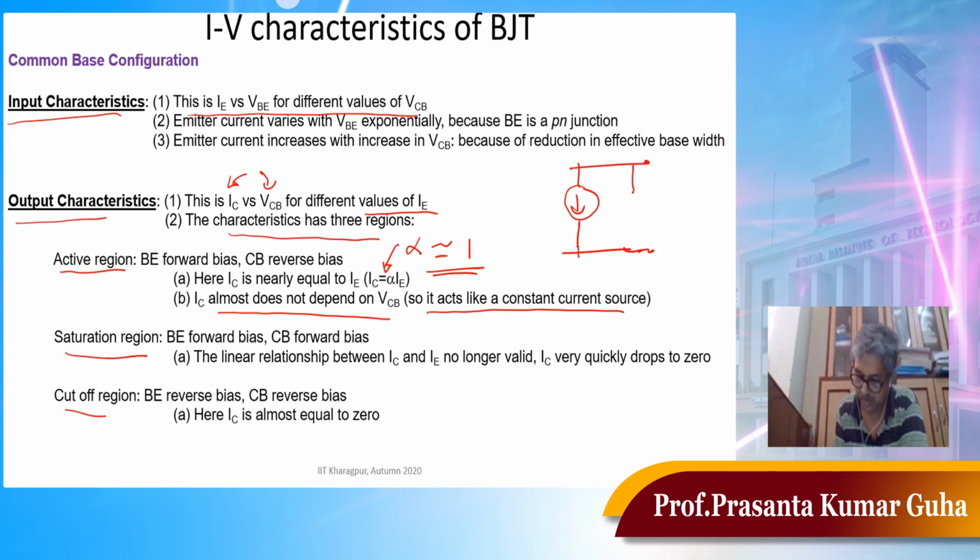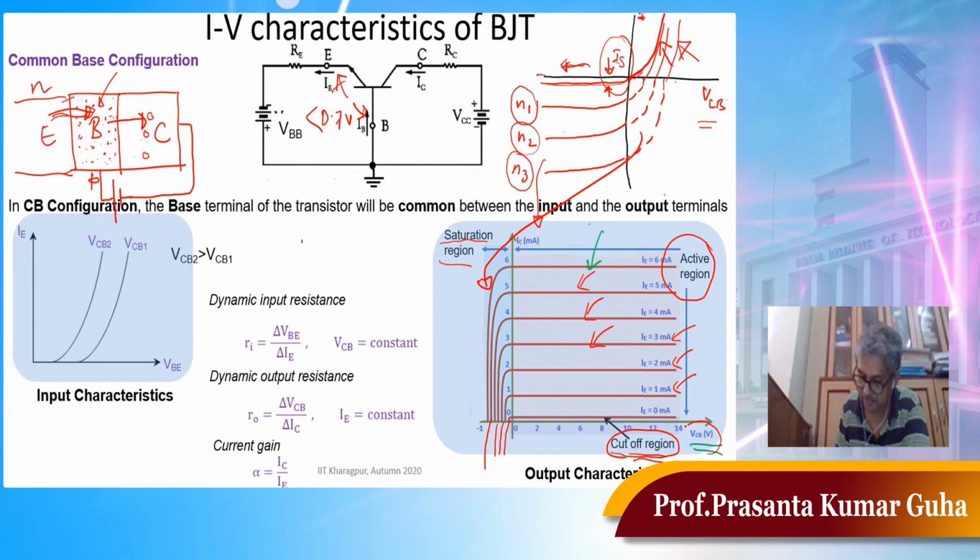I have a load voltage here, and even if you change the load voltage, the current through the device remains constant. The current is varying, but your VCB will remain constant.